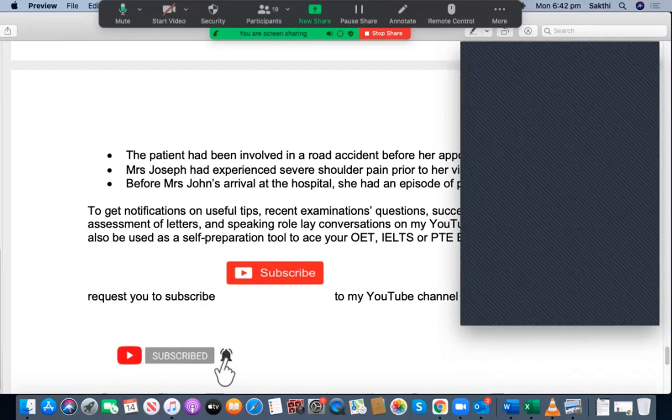You have to go to google.com and write down responsibilities of a musical therapist, or duties of a musical therapist. Also duties of a dietitian, duties of an aged care nurse, duties of a social worker, whatever the occupation or recipient, and then you will get a list of responsibilities.